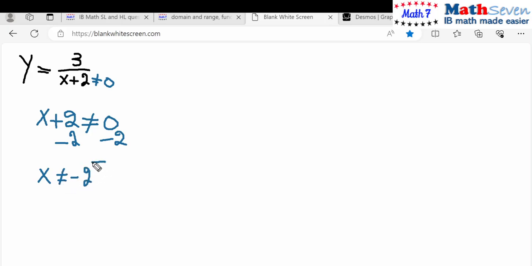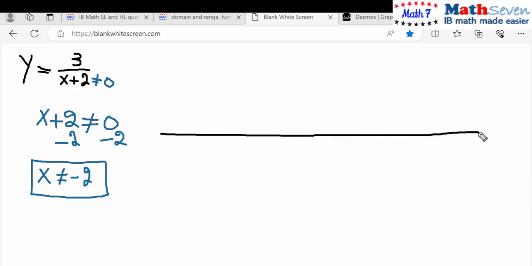Here we have identified the first vertical asymptote. So this is the x-axis and the y-axis. Look carefully, students. This is the x-axis and this is the y-axis. Let me make it straight a little bit. As you can see, we can use any value of x except minus 2.